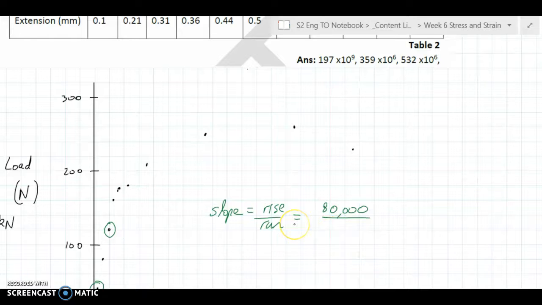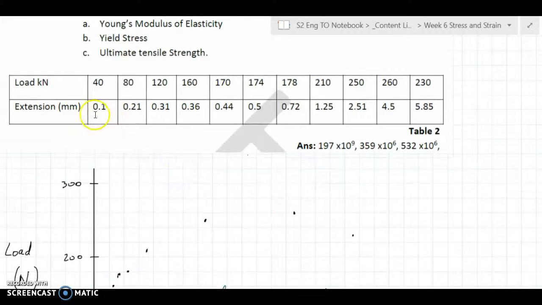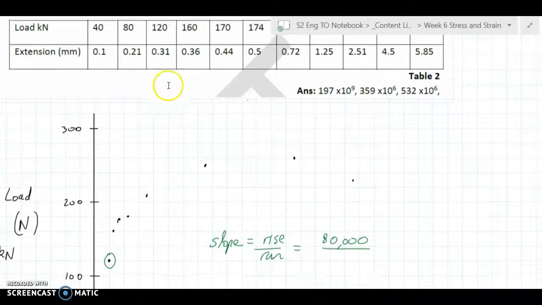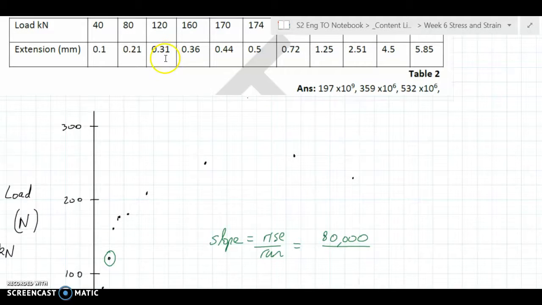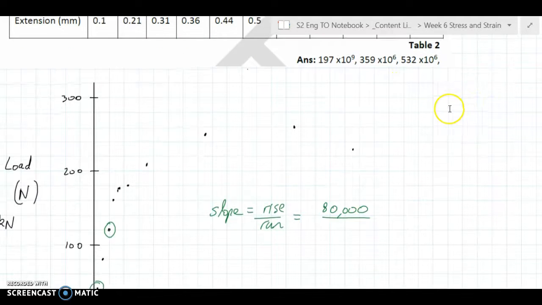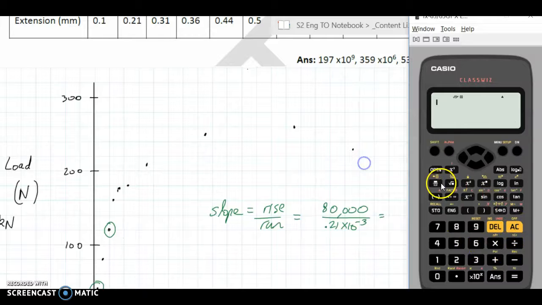The run goes from 0.1 to 0.31, so if we take away 0.1 from 0.31, we get 0.21, right? So the run is 0.21, and in meters that's 0.21 by 10 to the minus 3. So we divide that to get the slope.